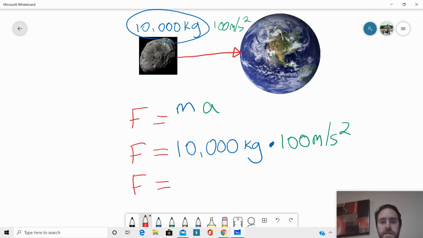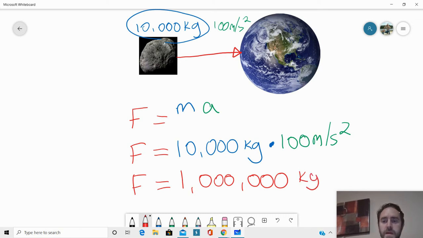And this is why I like nice simple calculations. 10,000 times 100 would actually just get us to 1 million. We can label it two ways. Kilograms meters per second squared is one way. That actually nicely equals Newtons. We've heard of that before, and that's much easier to write. So we're just going to say that.